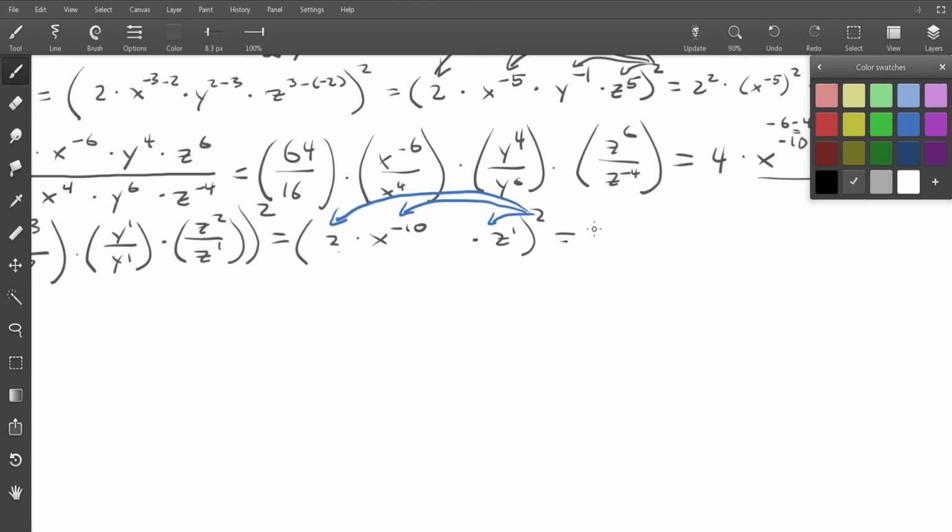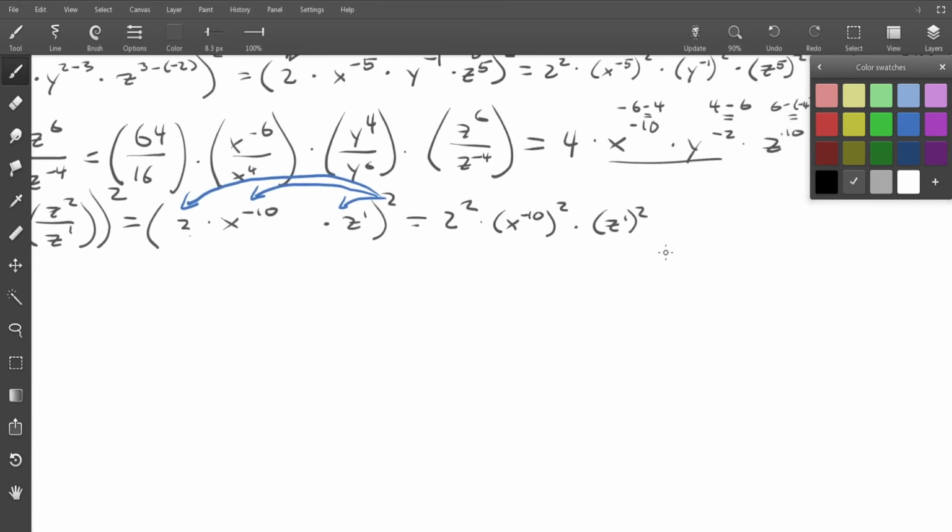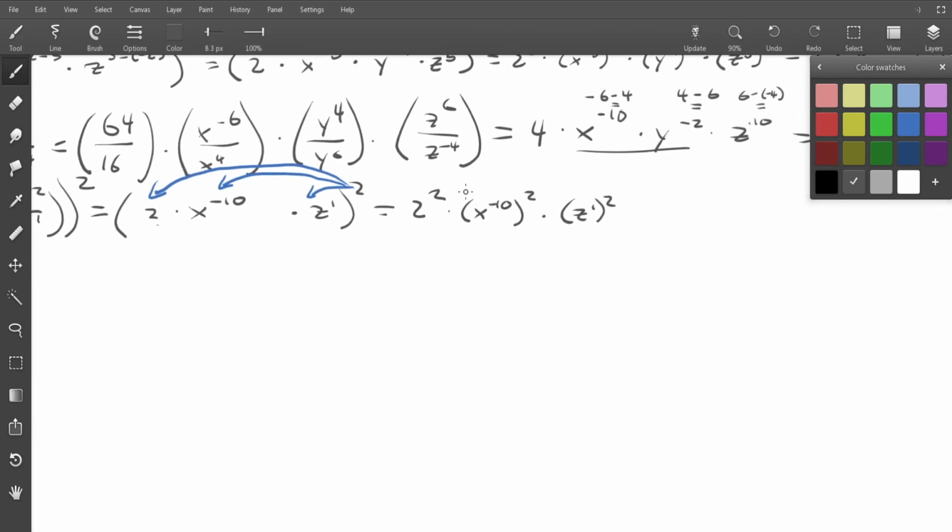So this is going to be 2 squared times x to the negative 10 squared times z to the first squared. And then we'll simplify the number here and use the power rule to simplify these. So this will be 4 times x to the negative 10 times 2, so that'll be x to the negative 20.